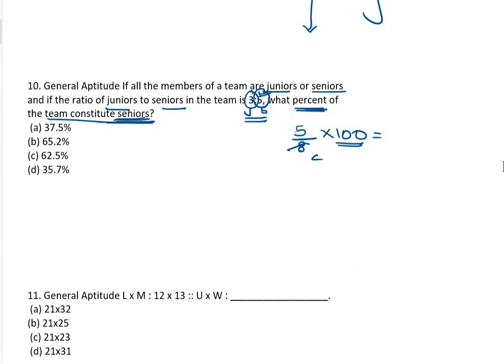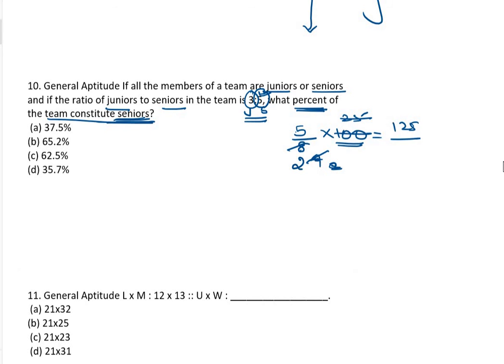Cut with the 2 table, 4, 25. Again cut with the 2 table. No need, it won't cut. Normal multiplication: 5 into 25, 125 divided by 8. One minute, this is cut with the 4 table.